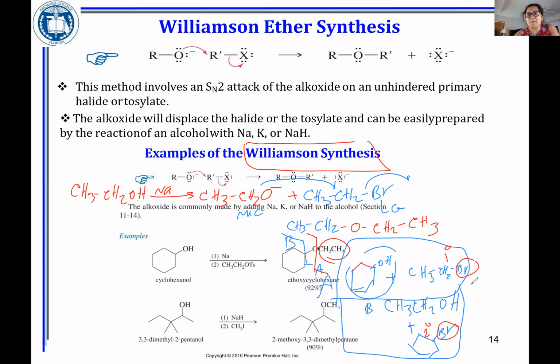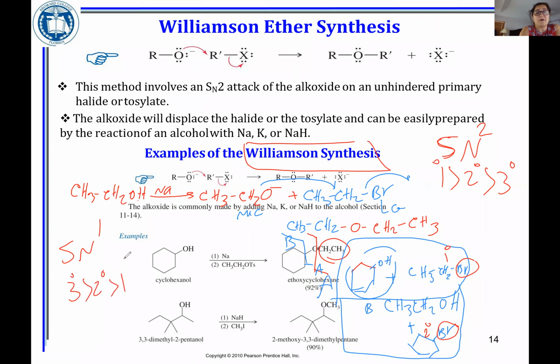For SN2, it would be primary. For SN1 it would be secondary. So for SN2, primary is greater than secondary, greater than tertiary. For SN1 it is the opposite: tertiary is greater than secondary, greater than primary.